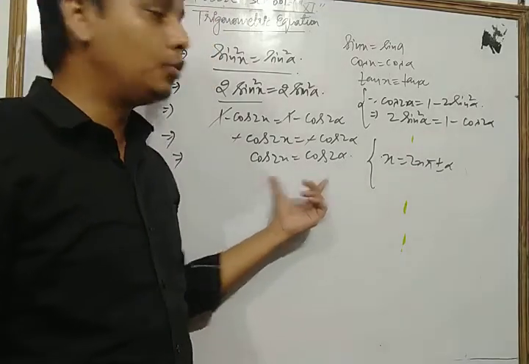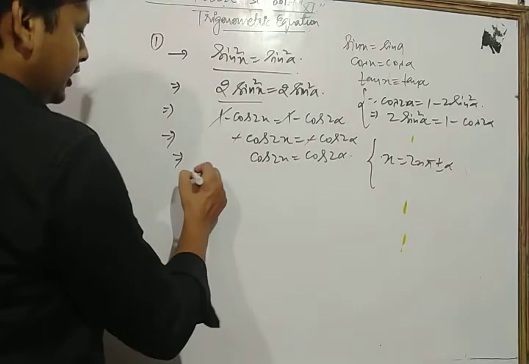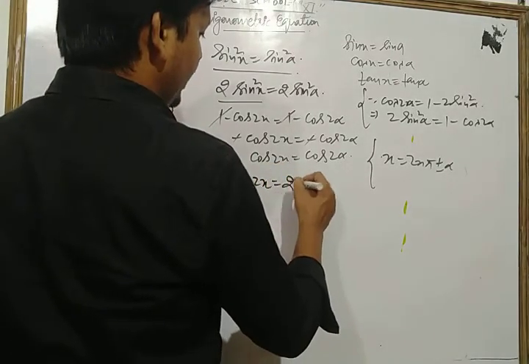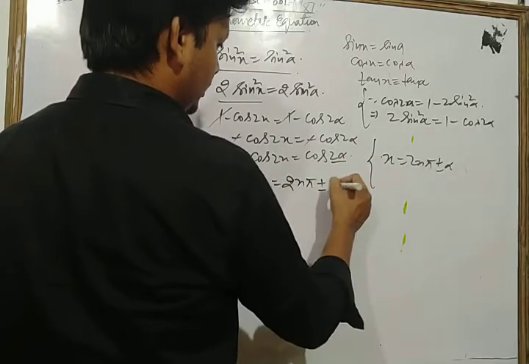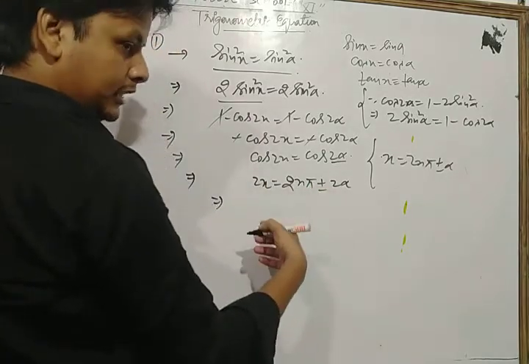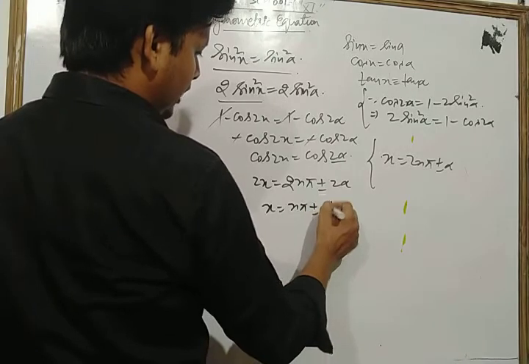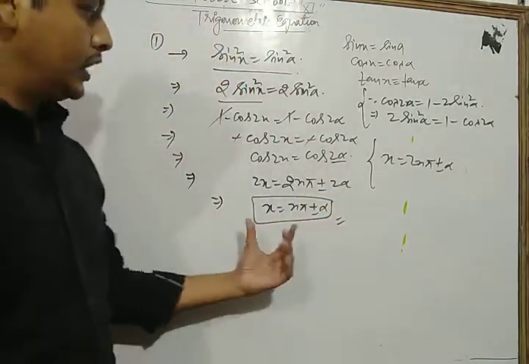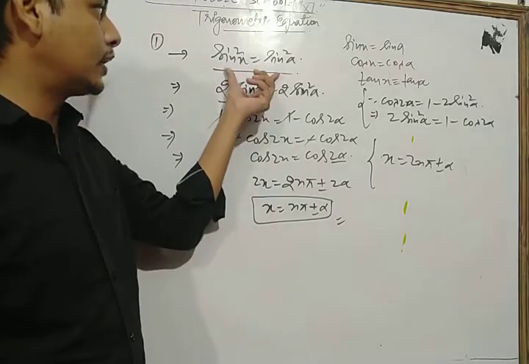So here we use this solution: 2x = 2n pi plus or minus 2 alpha. Now the 2 cancels from each term, so x = n pi plus or minus alpha. This is the required solution of the trigonometric equation sin square x = sin square alpha.